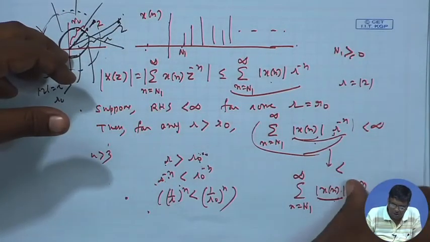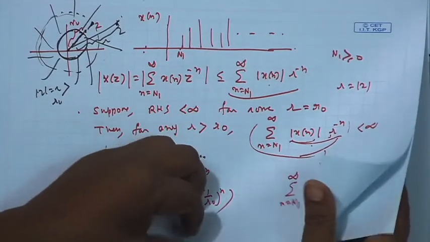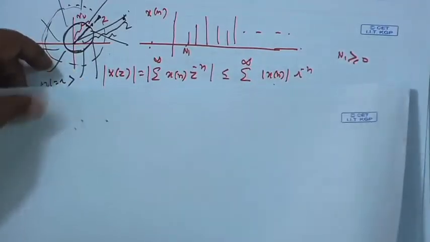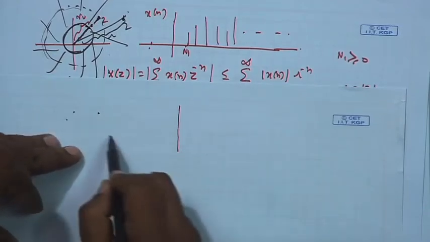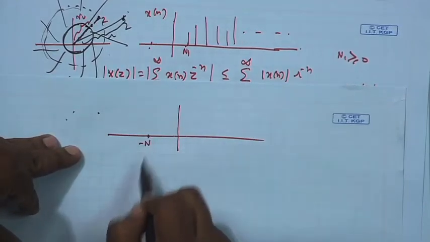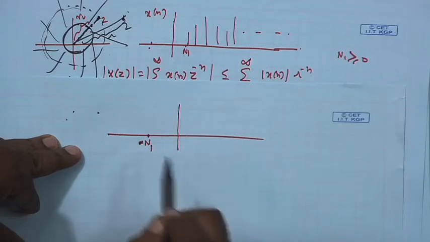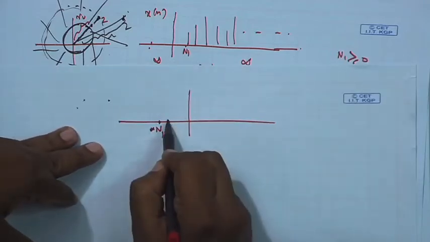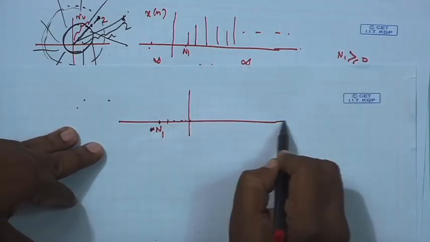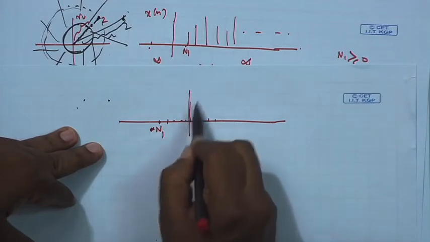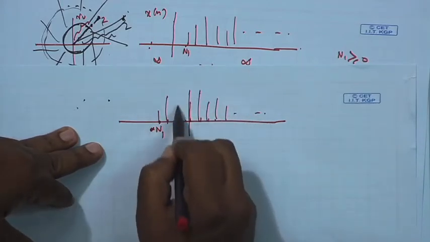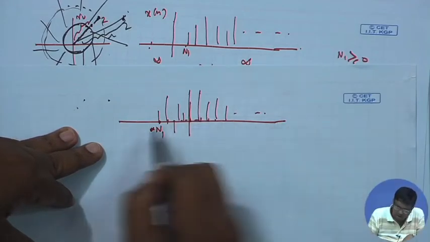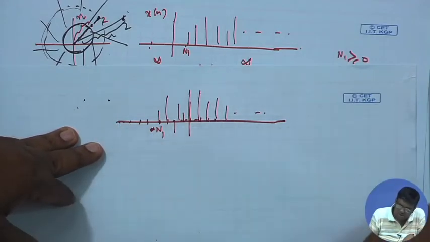Now, I make it more general. Suppose the sequence is right sided, but it starts at a finite negative value n 1, n 1 is a negative number, and then to the left all zeros.